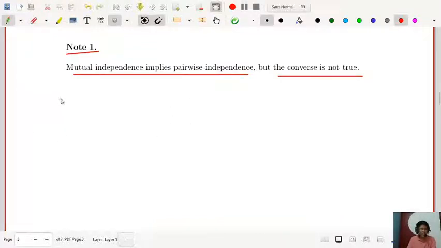So let E be the random experiment of tossing two coins, or a coin two times in succession, right?